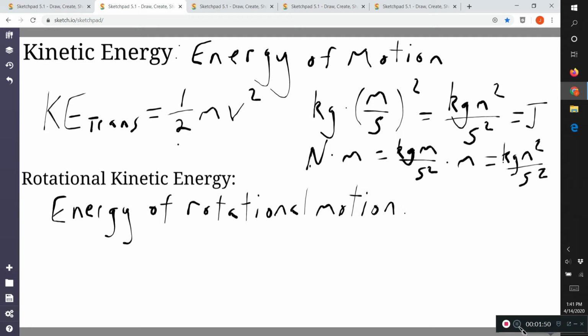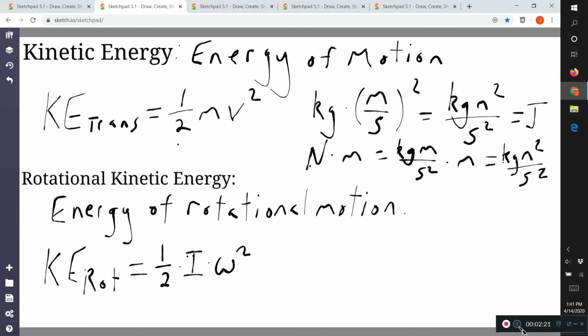And the formula there is equal to 1/2 I omega squared, where I is the moment of inertia, which we know has different formulas for different shapes, and omega is the angular velocity. So how could these possibly have the same units? Well, it kind of works out nicely.